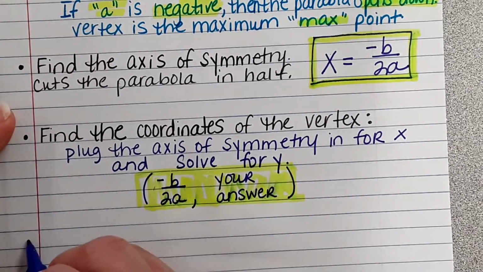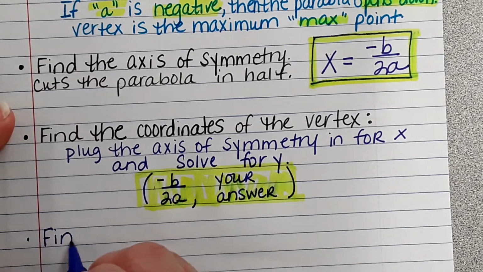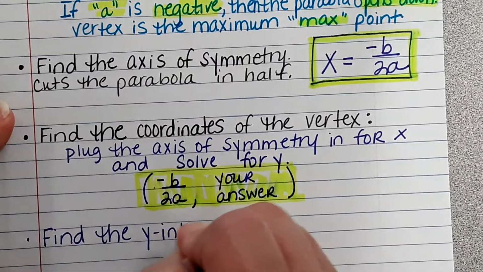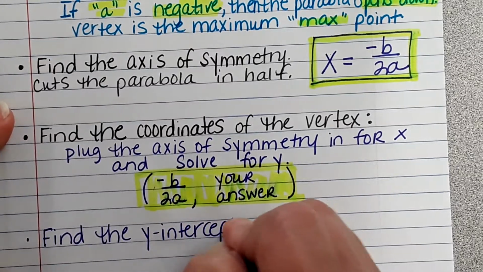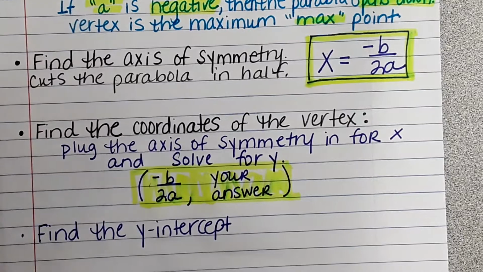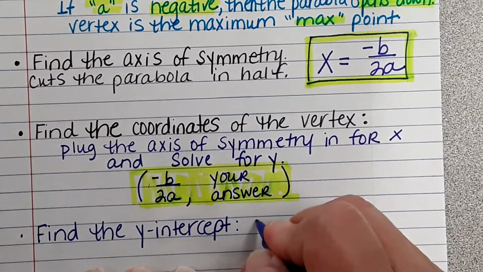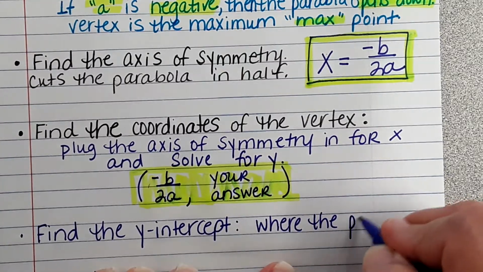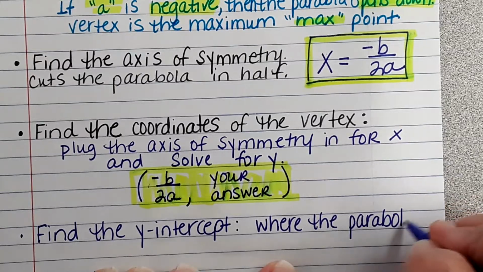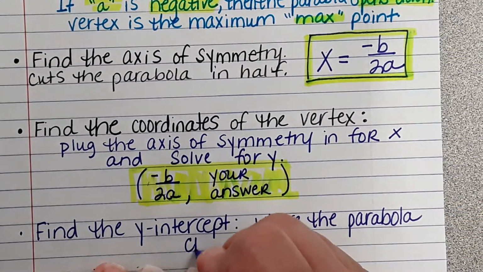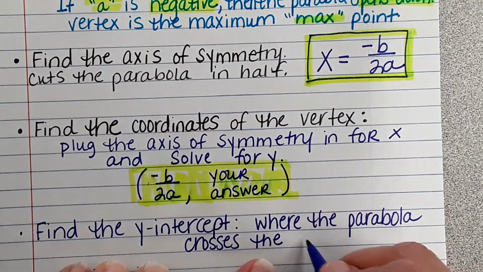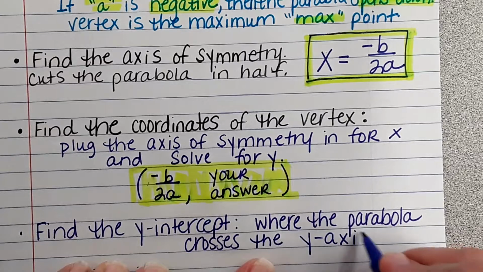Okay, last thing, very last thing, is we need to find the y-intercept. And the y-intercept is where the parabola crosses the y-axis.